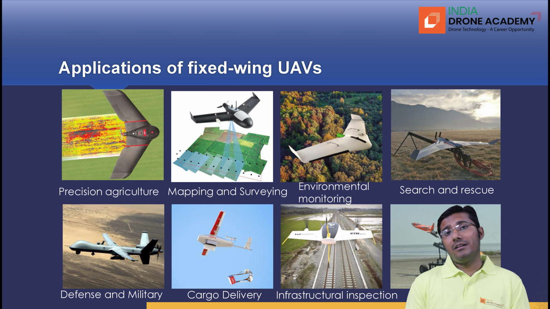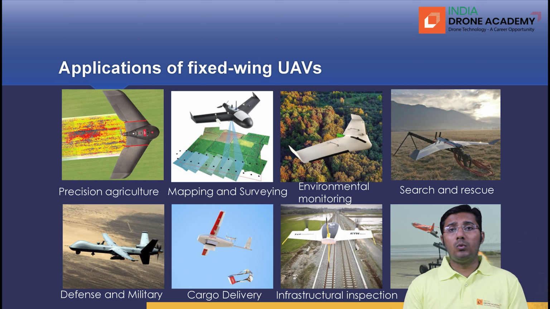Environmental monitoring can be done using fixed wing drones. They can be used in forests and bird and animal sanctuaries. They can monitor wildlife to protect it from poachers, because many tiger reserves and wildlife sanctuaries face the issue of poachers, those who hunt animals.